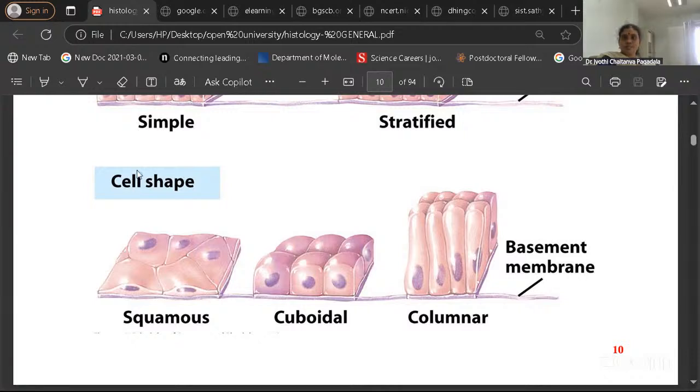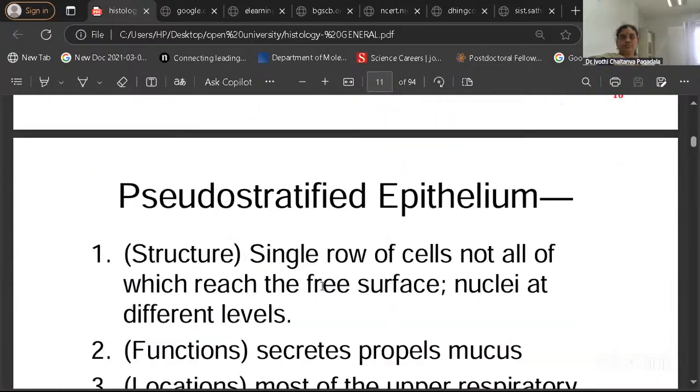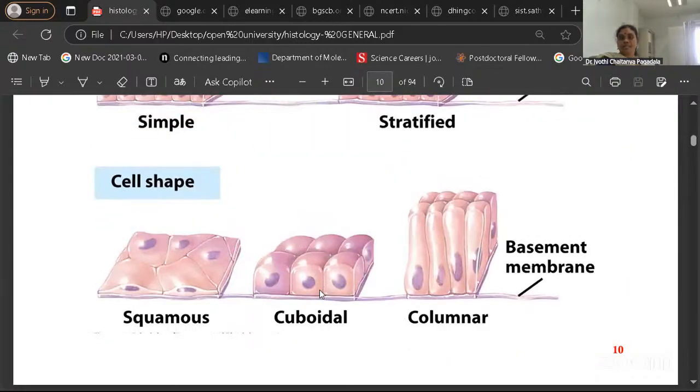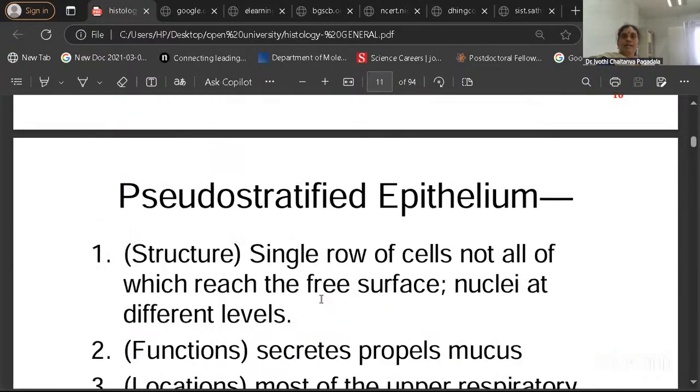After seeing these pictures, you can easily differentiate squamous, cuboidal, and columnar cells, which are connected with the basement membrane. And what is pseudostratified epithelium?